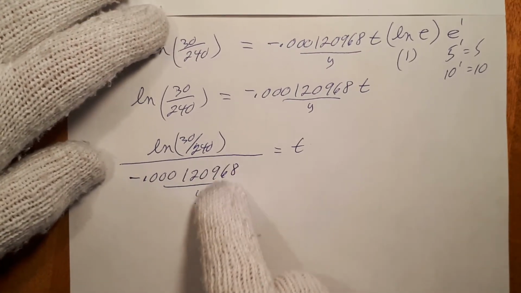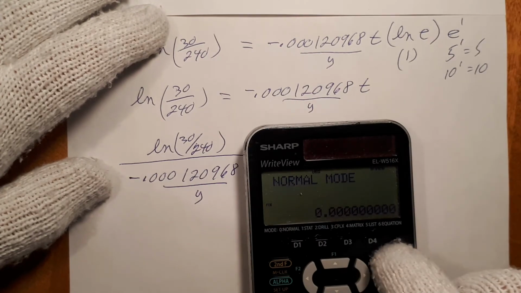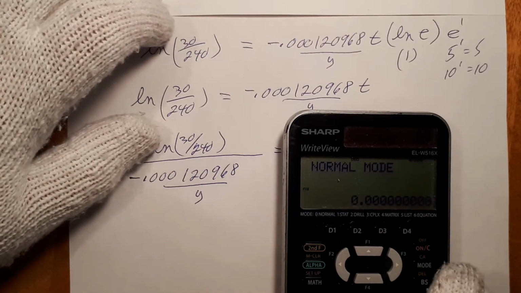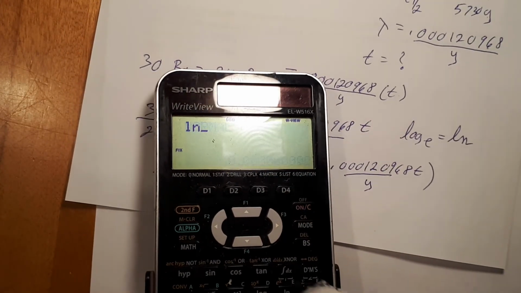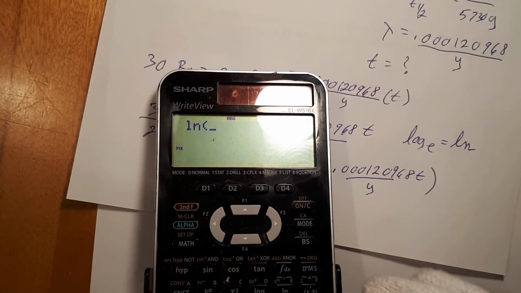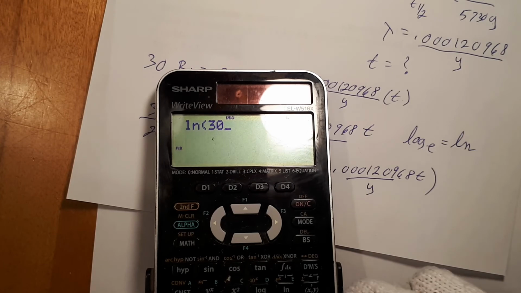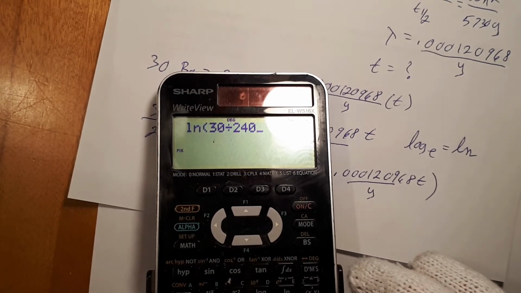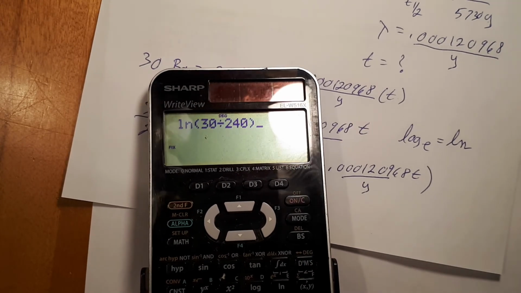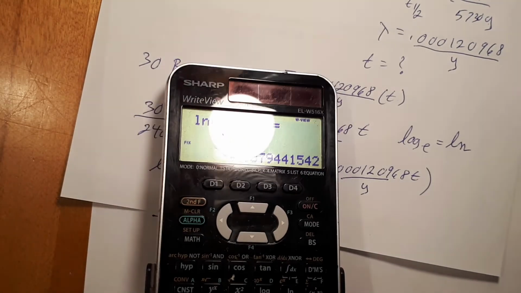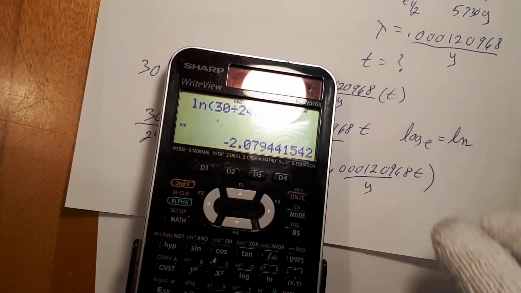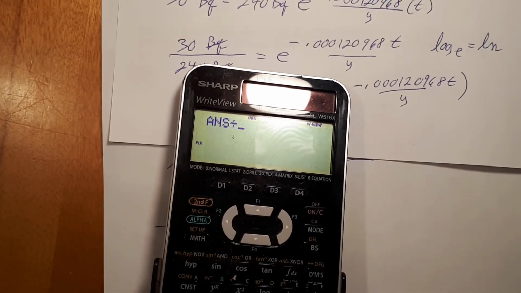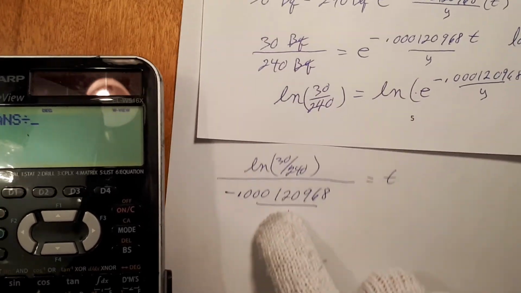Now let's put this in our calculator. The ln of 30 divided by 240. And put ln of, I need to put brackets here, 30 divided by 240, close that bracket, is equal to, and it's a negative number, and that's a good thing because we're going to divide by a negative number, divided by this term.